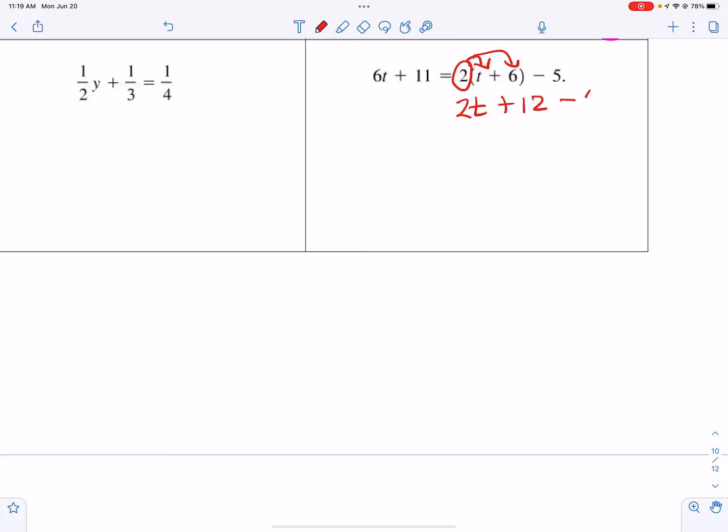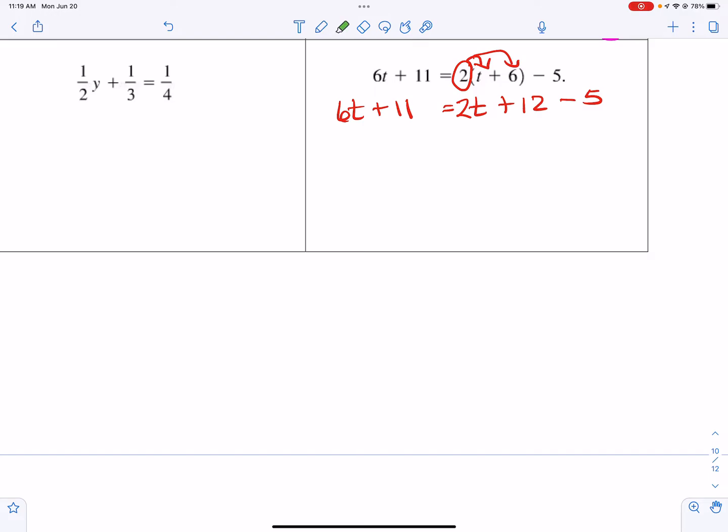So when I do that, I get 6t plus 11, haven't done anything with that. Then I get 2t plus 12. Now here's where students make their errors. You may not undo something unless you're moving it from one side of the equal sign to another.